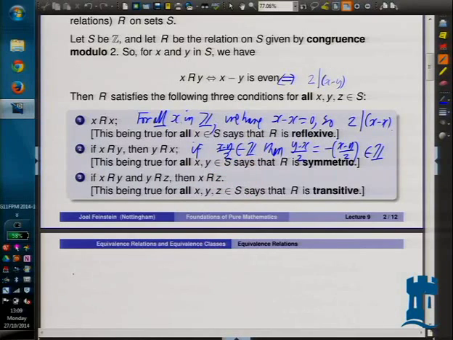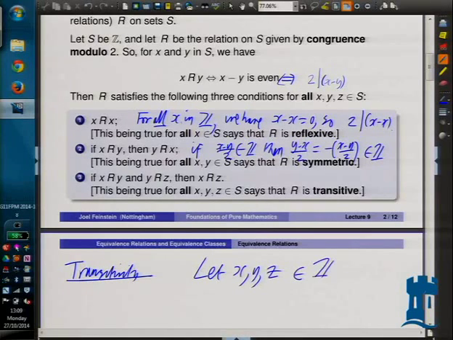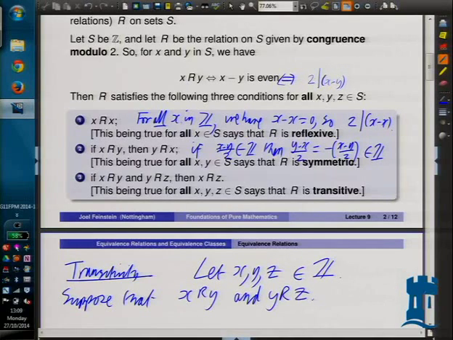So let's have a look at the transitivity. Let x, y, and z be integers. Remember, S is Z at the moment. Suppose that x is related to y and y is related to z. We have to prove that x is related to z. That's our target.